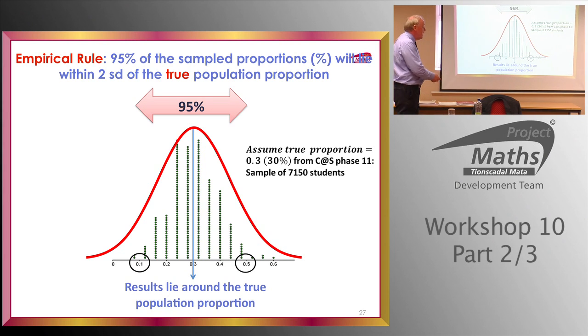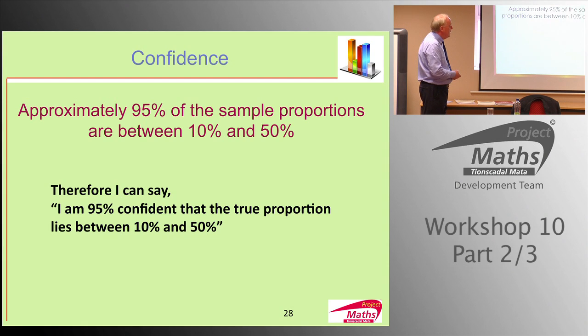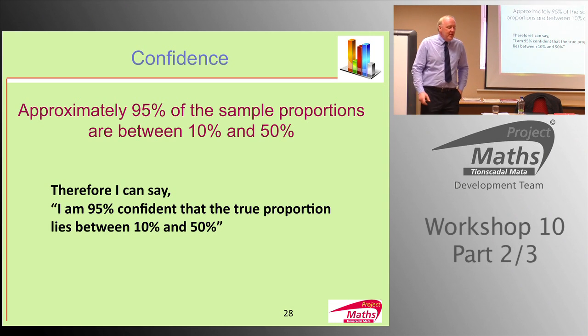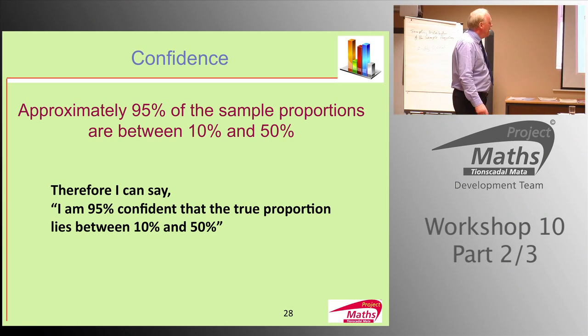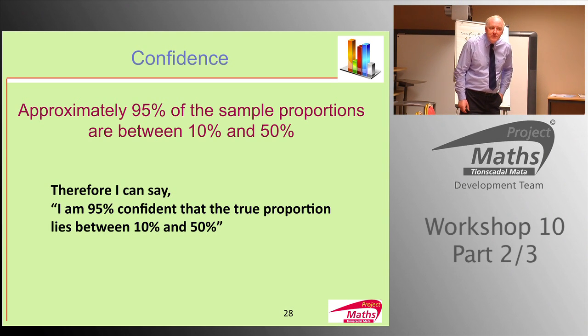So the results lie around the true population. Look, a lot of them lie in and around the 30%. So approximately 95% of the samples are between 10% and 50%. Therefore, I can say I am 95% confident that the true proportion lies between 10% and 50%.